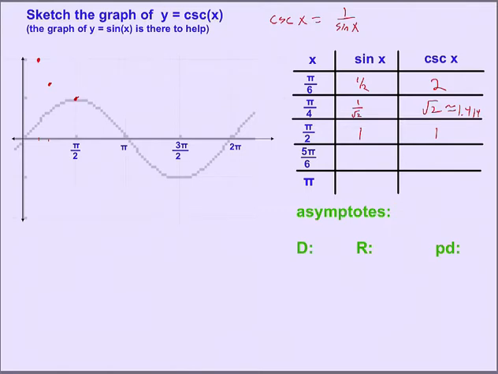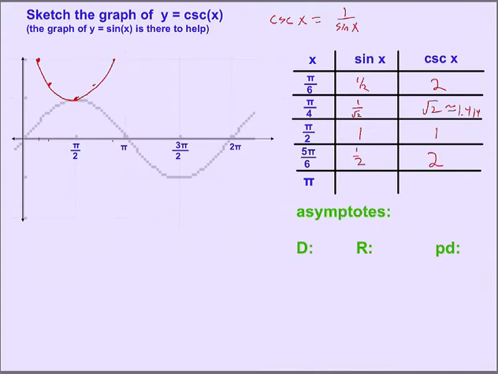By the time it gets to 5 pi over 6, its sine is back down to 1/2, which means its cosecant will be back up to 2. And throughout the path in the middle, it'll follow this path symmetrically.